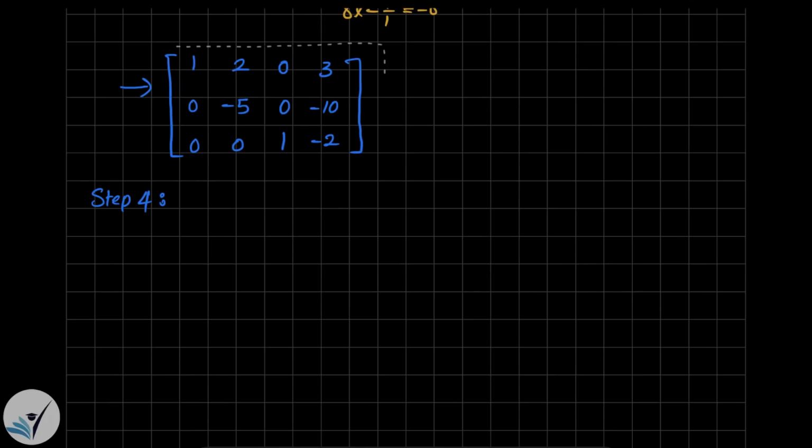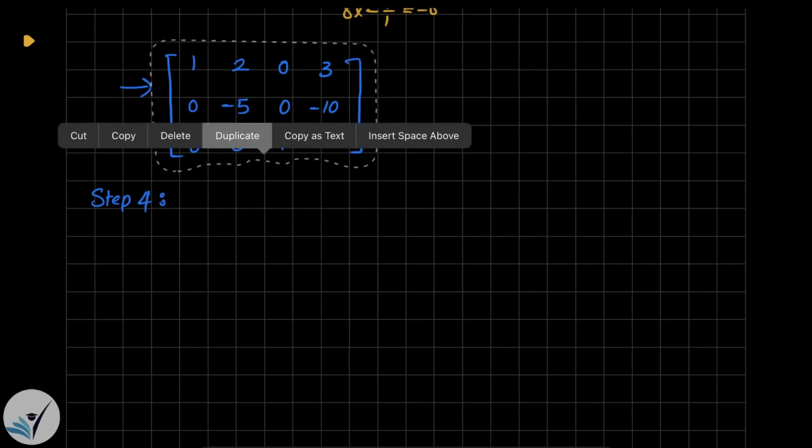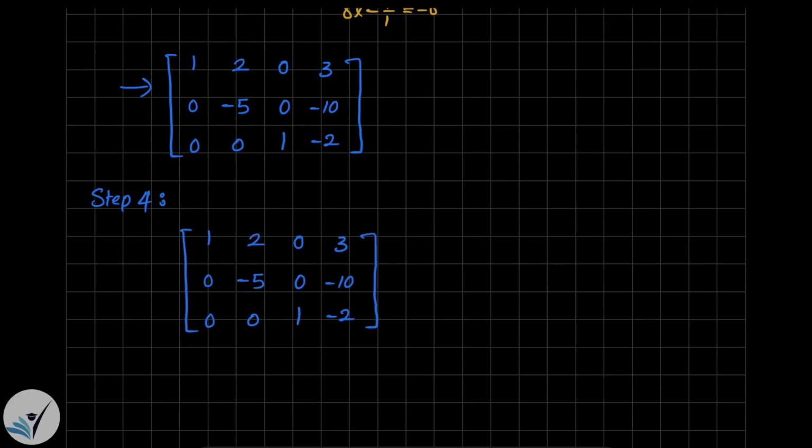Need this matrix here. So in this step, the goal is to transform this entry 2 here to 0. So I need to replace the first row with R1 plus 2/5 times R2. So I'm going to use the second row to do this transformation.